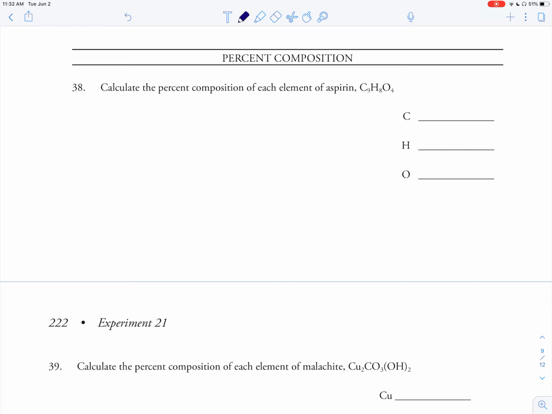And then you've got a couple problems, like a lot of the rest of these problems are percent composition type problems. And so essentially what you're wanting to do is say if I have 9 carbons, what's the atomic mass of all of the 9 carbons divided by the entire formula mass of the entire substance times 100. And that will give you the percent of carbon. And then you go through and do that same thing for hydrogen.